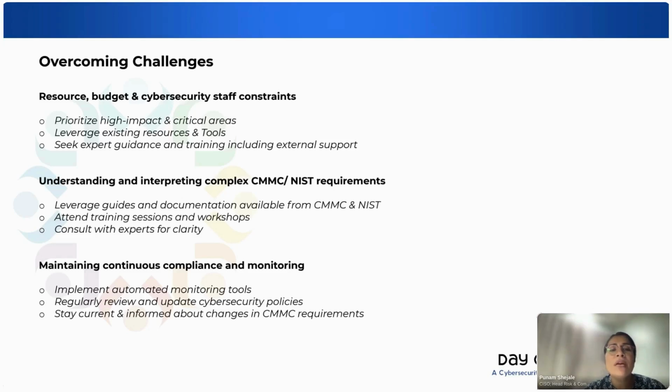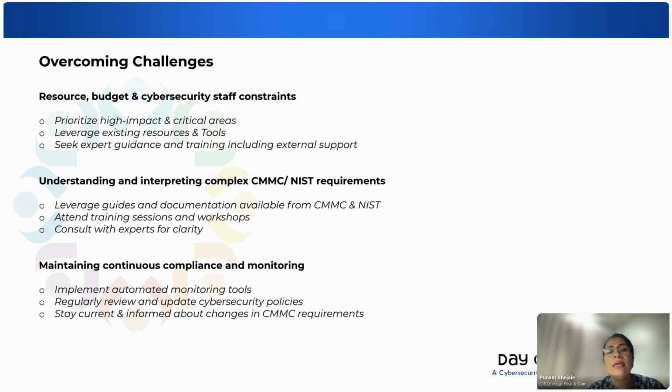So how do you overcome this challenge? Of course we need to identify what are the areas which are important and critical for achieving either a NIST compliance or a CMMC compliance, and to whatever maturity level that you think you are targeting based on your control environment. You need to leverage whatever is there, existing tools, and implement it.